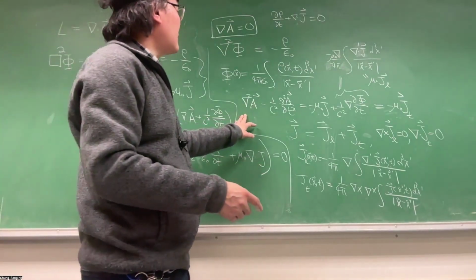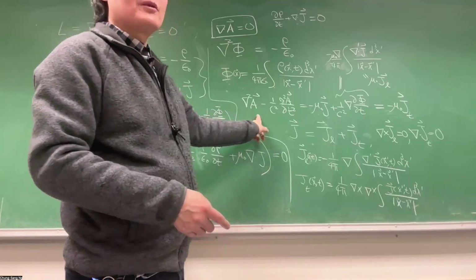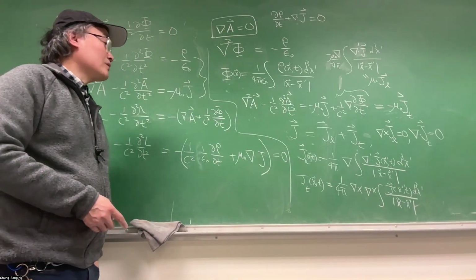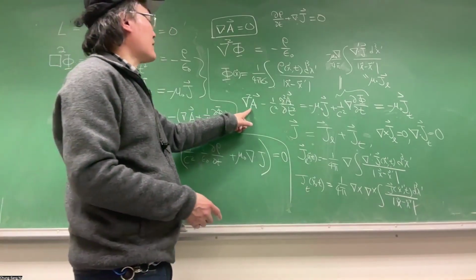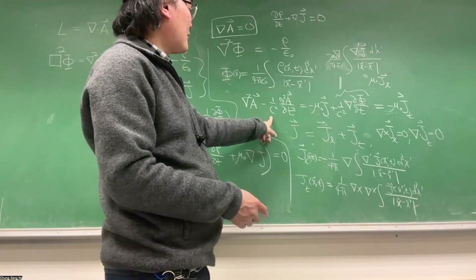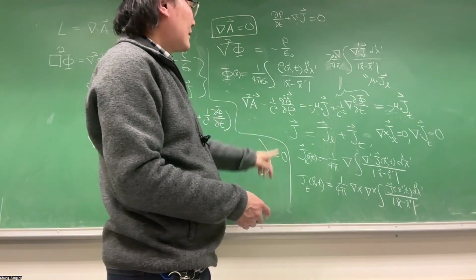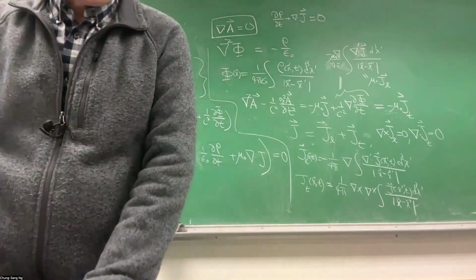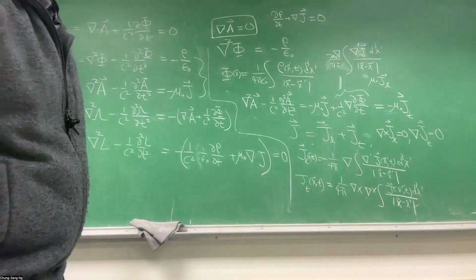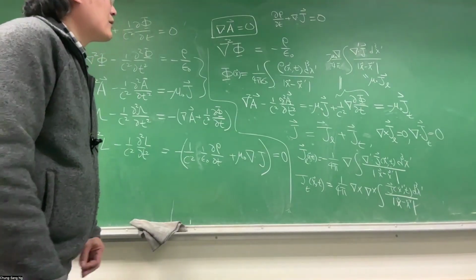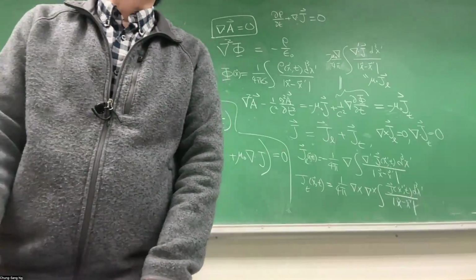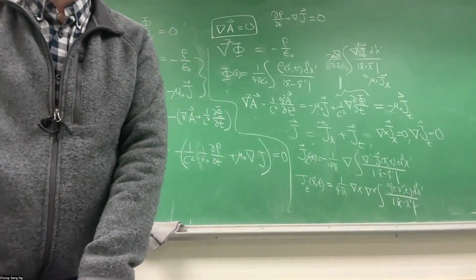If it's initially 0, then it will always be 0, because divergence A will satisfy the homogeneous equation, the d'Alembert operator on divergence A equals 0. So that will be 0 if you take care that it is initially 0. So once you solve the solution, make sure that initially divergence A is 0, then you're fine. Okay.